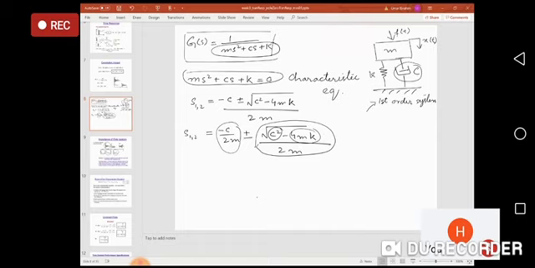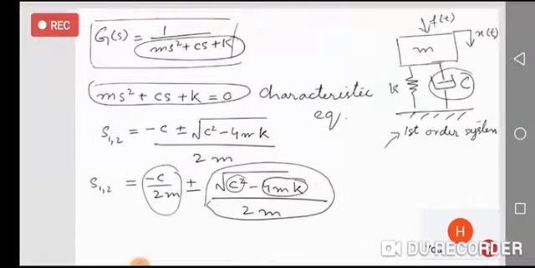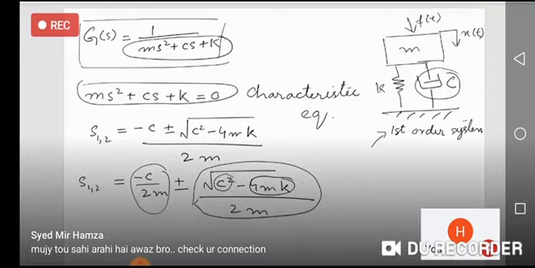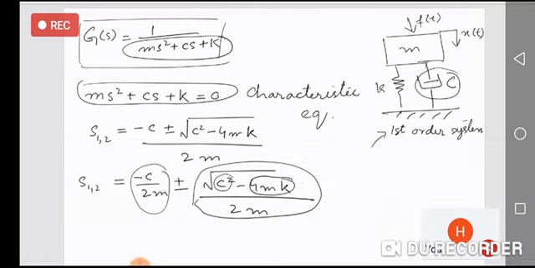It will not contain iota. But if 4mk, which is subtracted, is greater than the c square value, then the algebraic sum of c square minus 4mk will result in a negative value, and the square root of that negative value will result in imaginary iota.